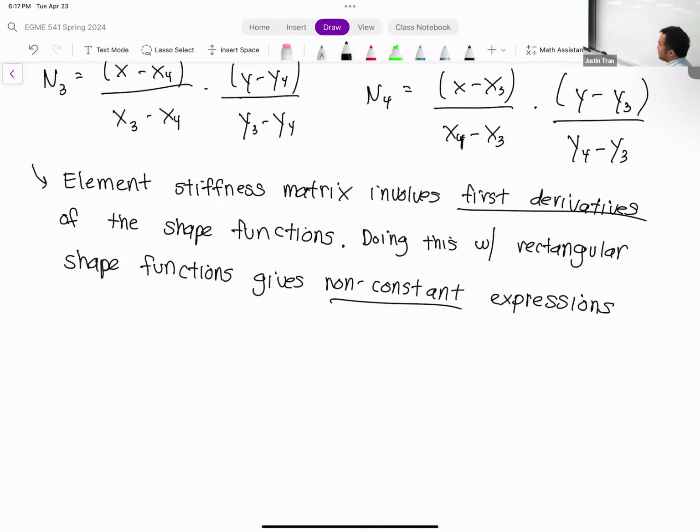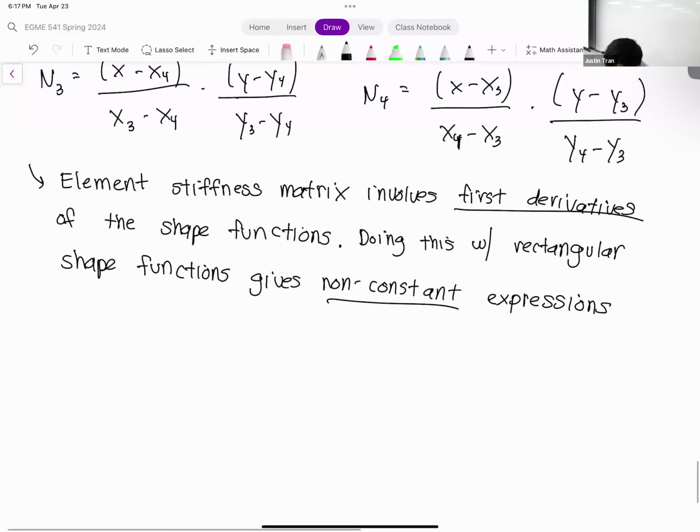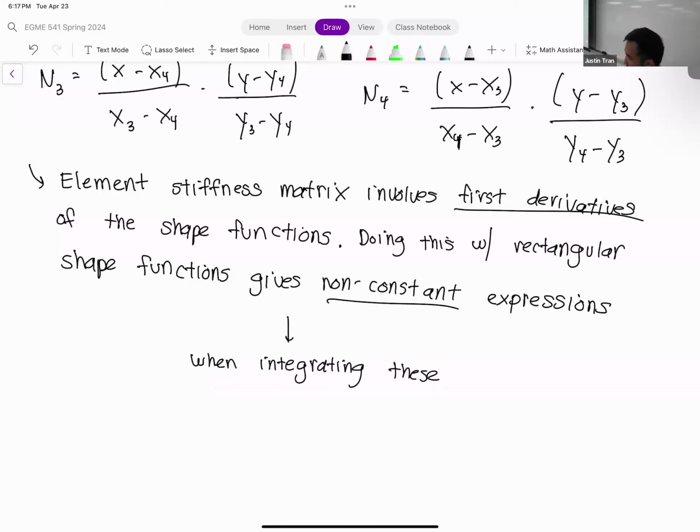And that's an issue because, technically speaking, our element stiffness matrix involves the integral of these shape function derivative expressions. When we integrate these, we can no longer just pull them out of the integral like we did with the triangular example.